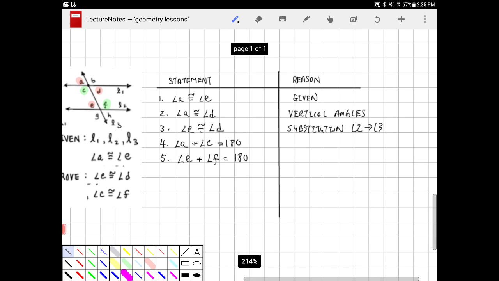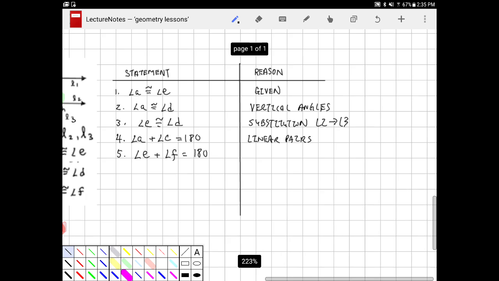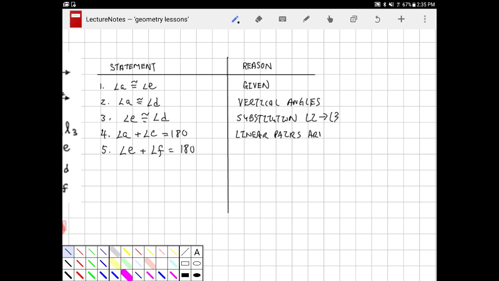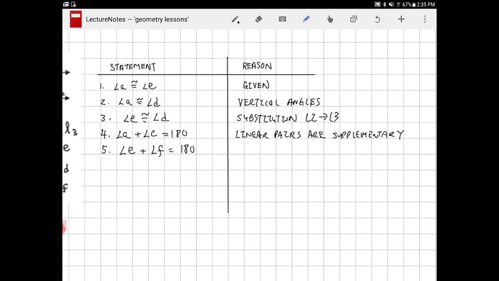This is because linear pairs are supplementary. So therefore, the second statement is also true, that the linear pair is supplementary.